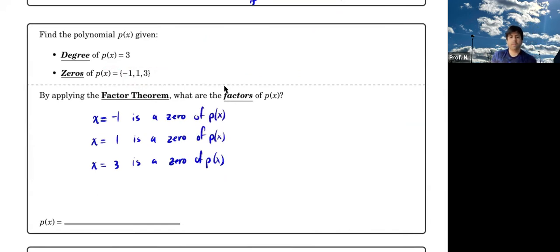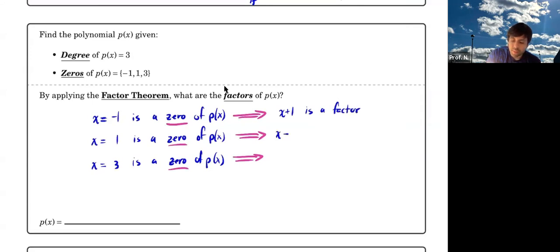But by the factor theorem, what do we know? If x equals negative 1 is a 0, then what's the factor? Isn't it x plus 1 is a factor? And then isn't x minus 1 a factor? And isn't x minus 3 a factor?